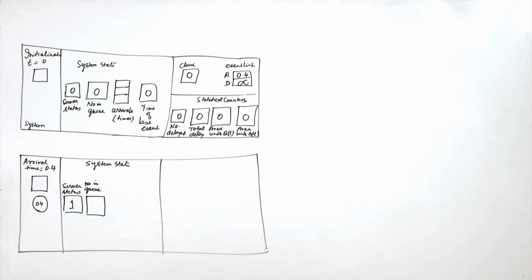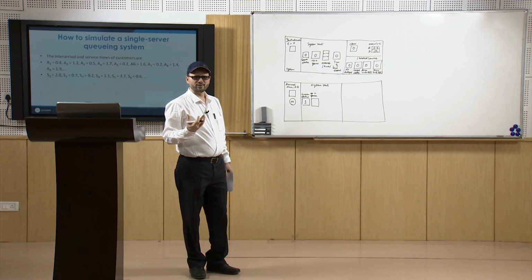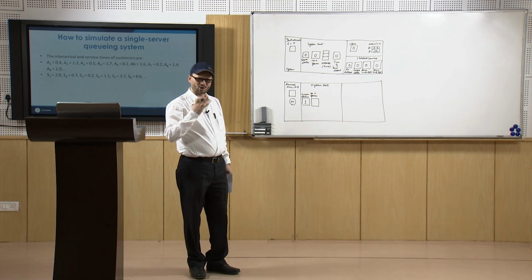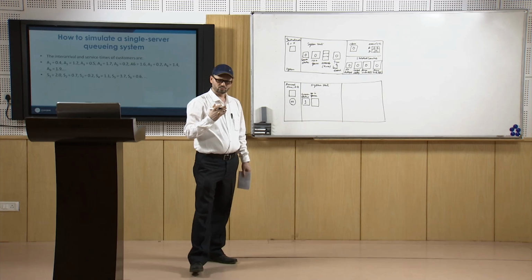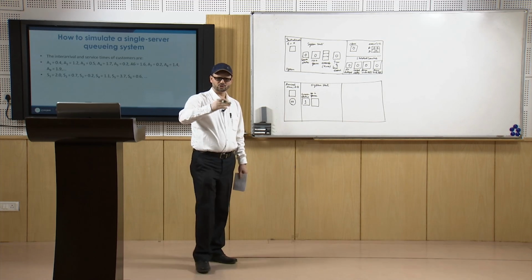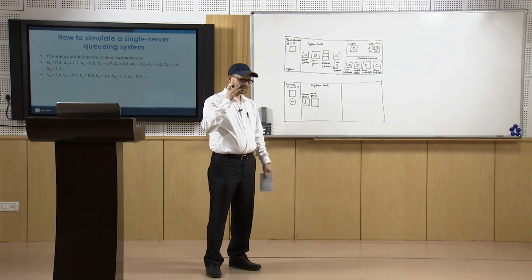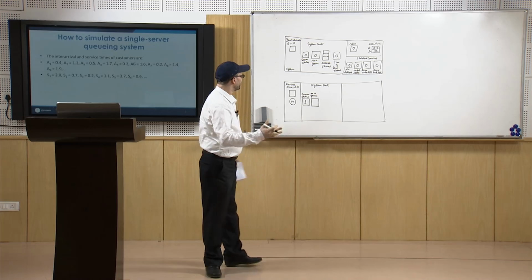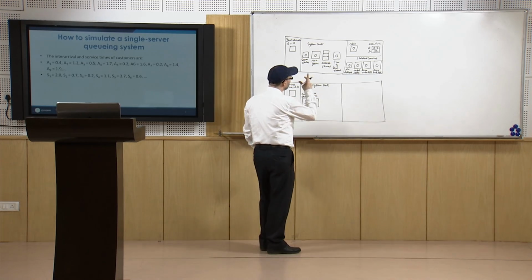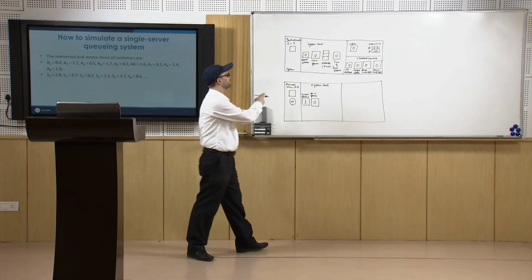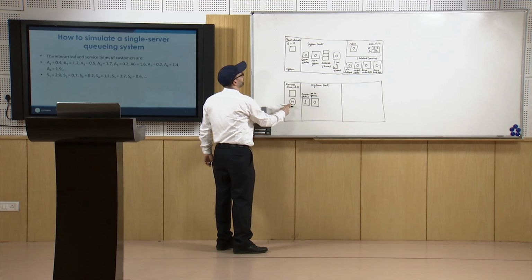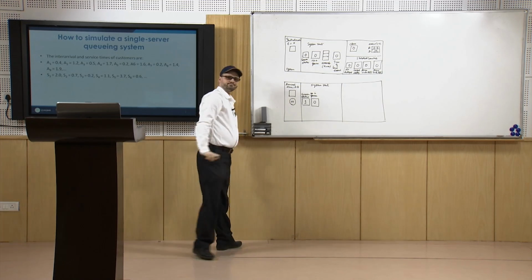As we have already discussed, as long as a person is not at the service counter, he is in the queue. Here, number in queue is still 0, because he is already at the service counter.